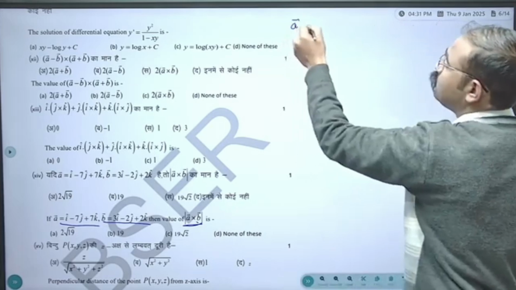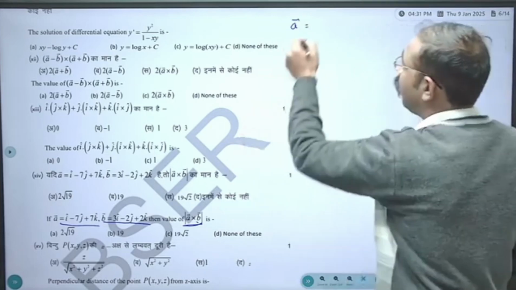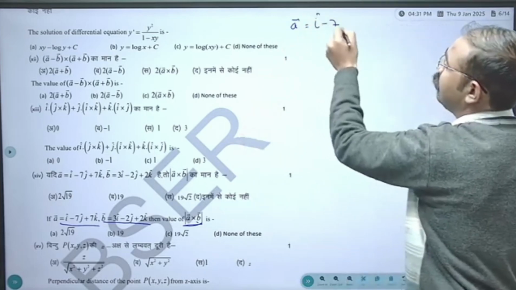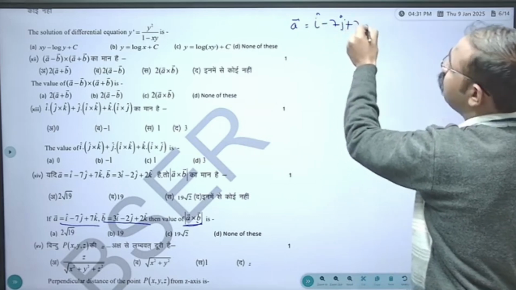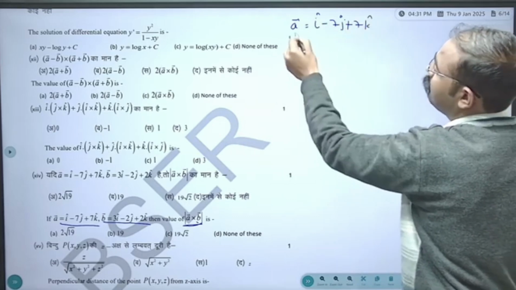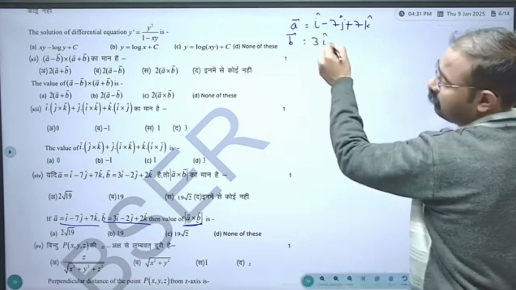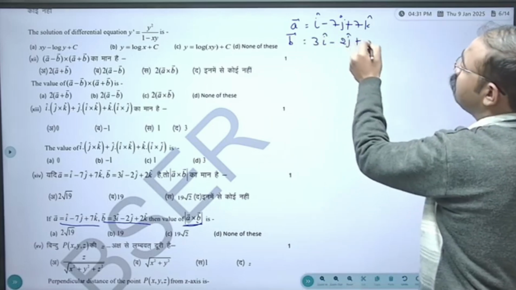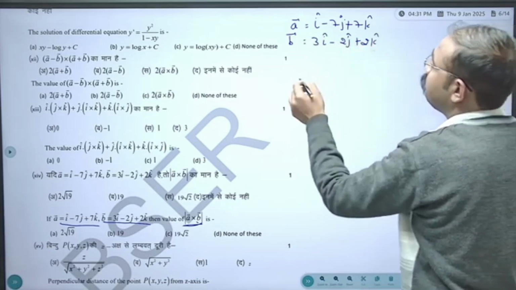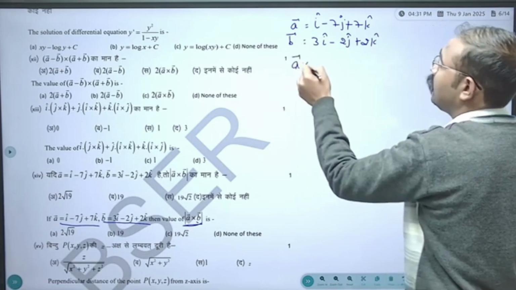A vector is equal to i cap minus 7j cap plus 7k cap. B vector is equal to 3i cap minus 2j cap plus 2k cap. What will be A cross B?